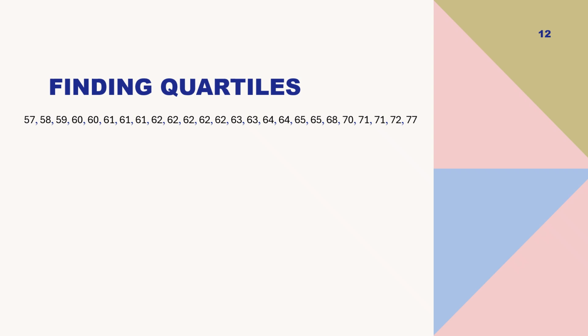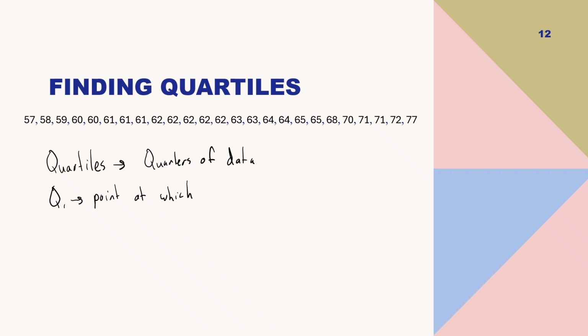So quartiles represent quarters of the data. So the first quartile is the point at which 25% of the data is at or below.